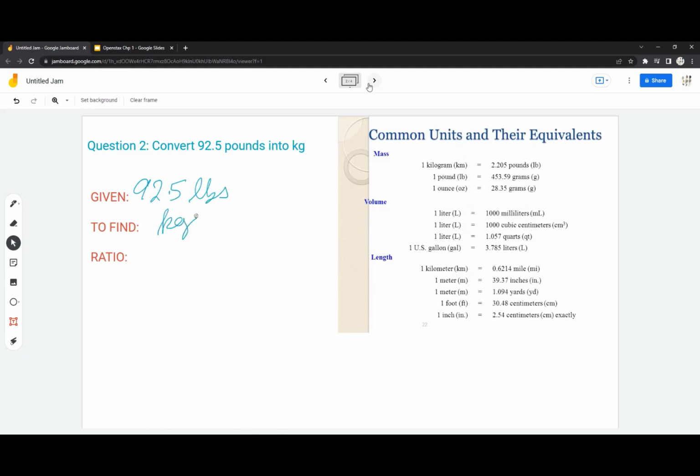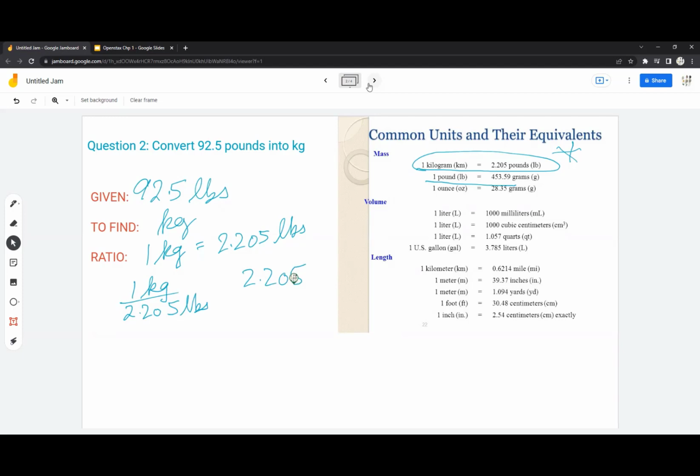So this is the ratio we'll be using, kilogram and pounds. So 1 kilogram is equal to 2.205 pounds. So we can write it as 1 kilogram over 2.205 pounds, or we can write 2.205 pounds over 1 kilogram.